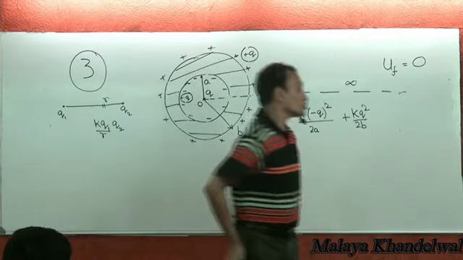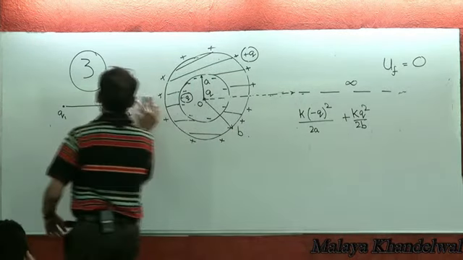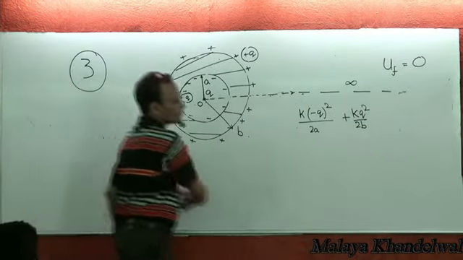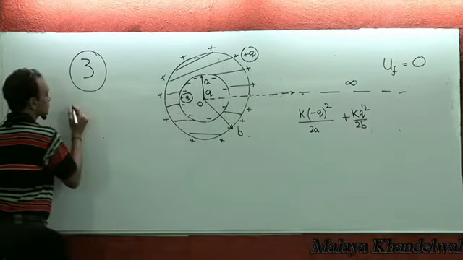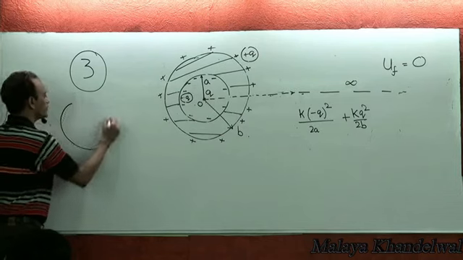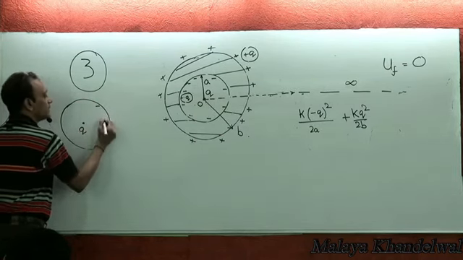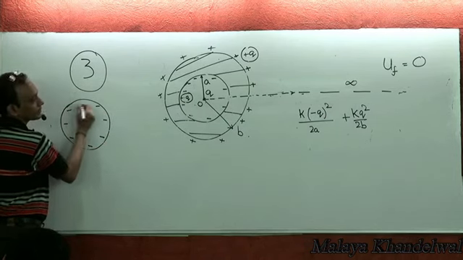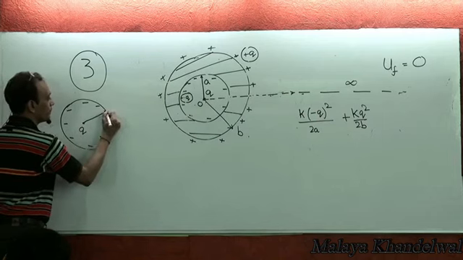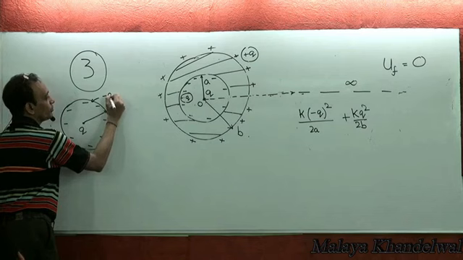Right? So then, if this be the case, say there is Q here and there is minus Q there, radius small a, and this has minus Q uniformly distributed.